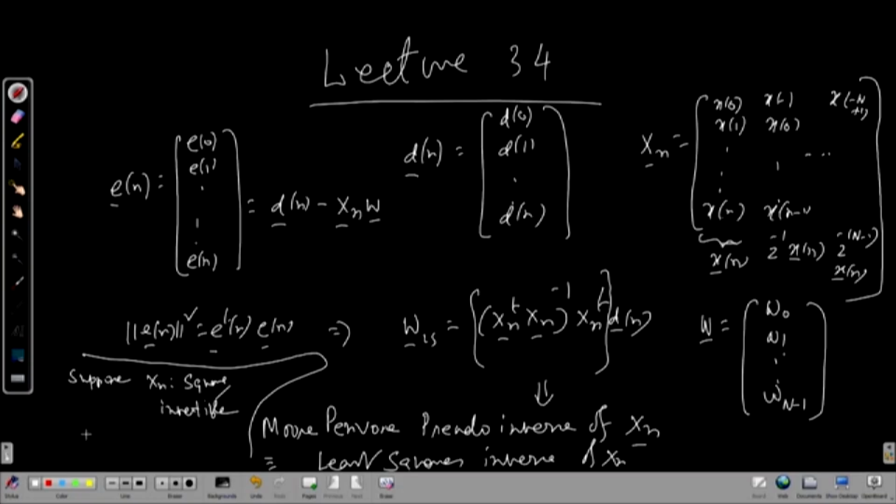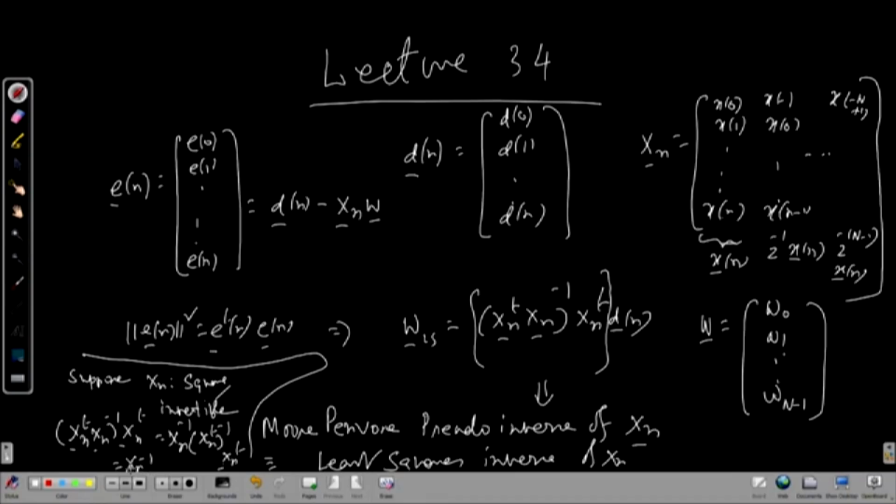In that case, this Xn transpose, and if it is invertible, okay. Then Xn transpose Xn, if we take inverse Xn transpose. Now, AB inverse is B inverse A inverse. So, it will be Xn inverse Xn transpose inverse Xn transpose. So, these two cancel, you get Xn inverse.